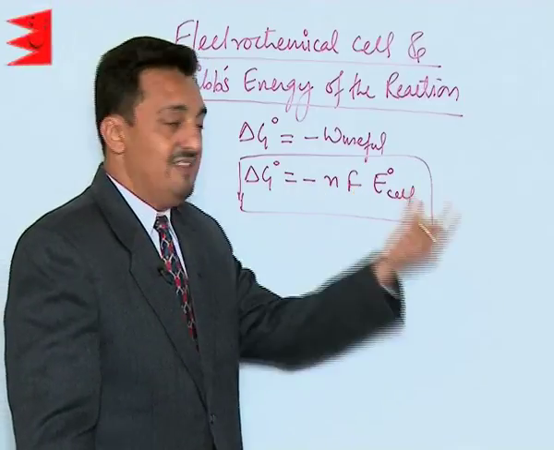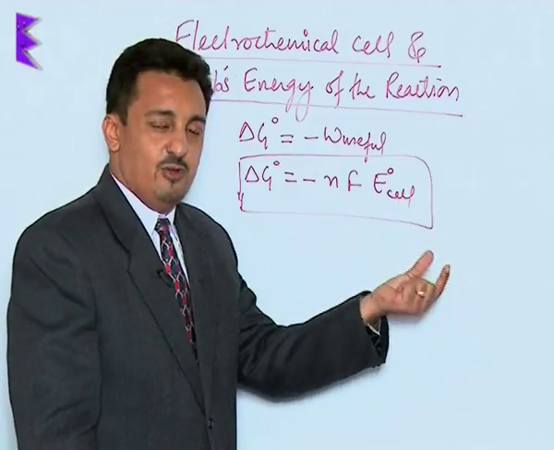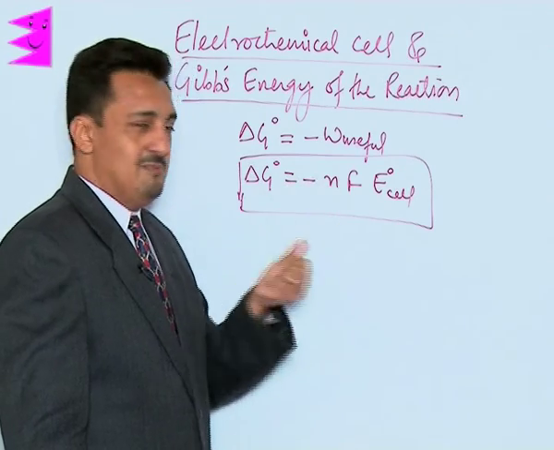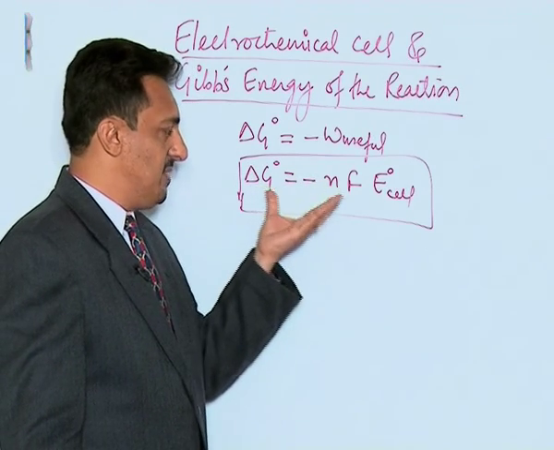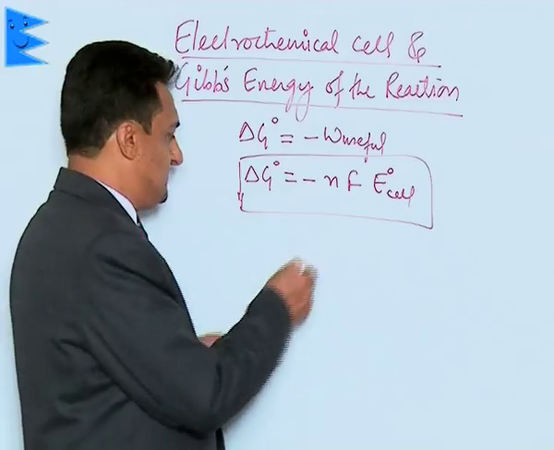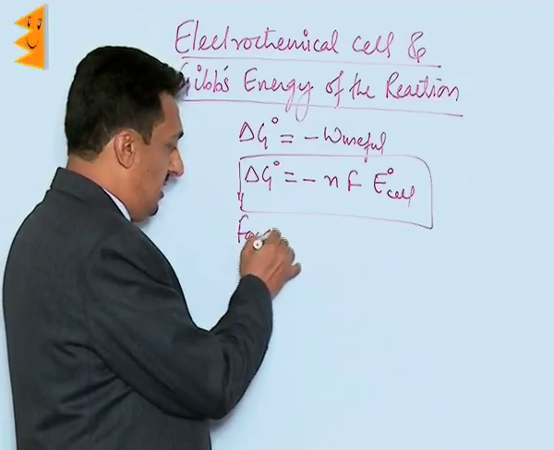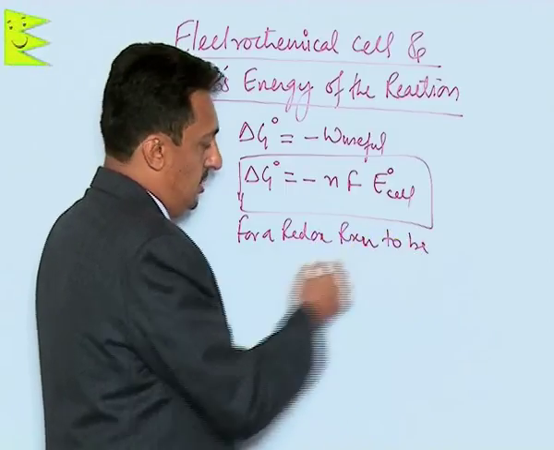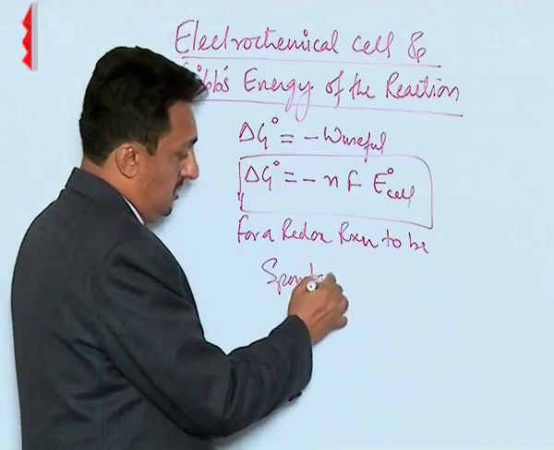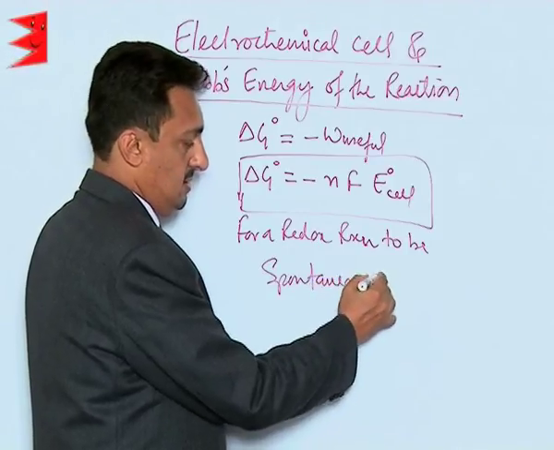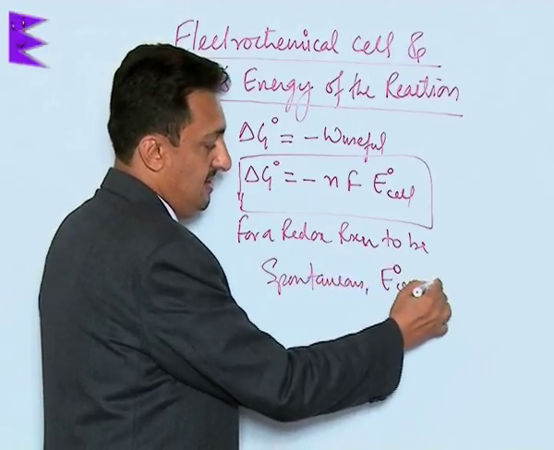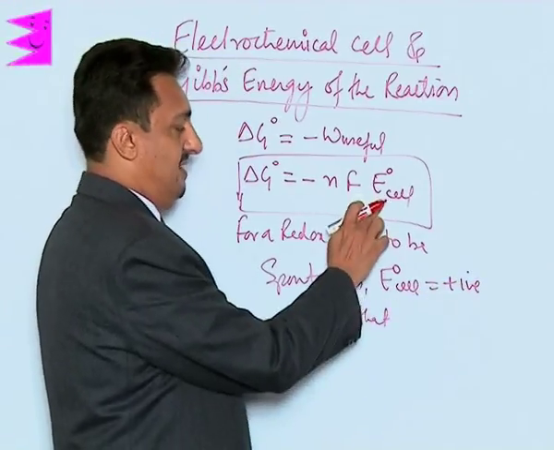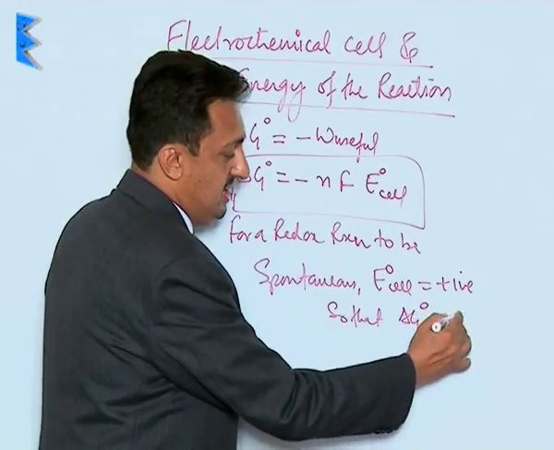So this much charge is displaced, and E naught cell is the force behind this, the electromotive force. And the most important thing we can obtain from this formula is that for a redox reaction to be spontaneous, the E naught cell must be positive, so that delta G is negative.